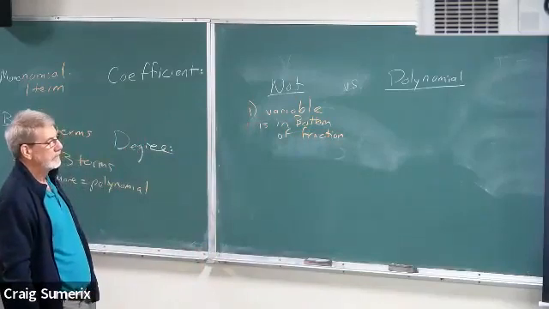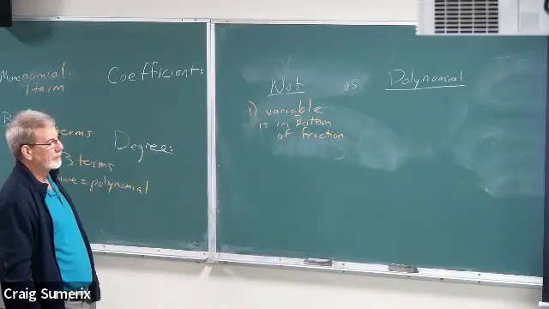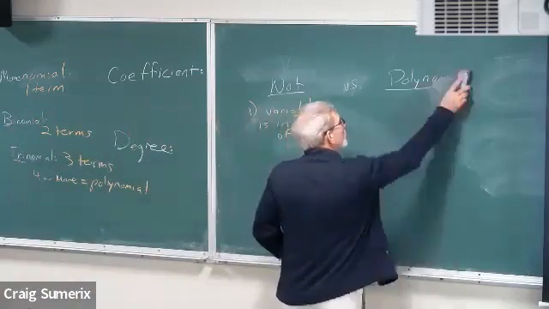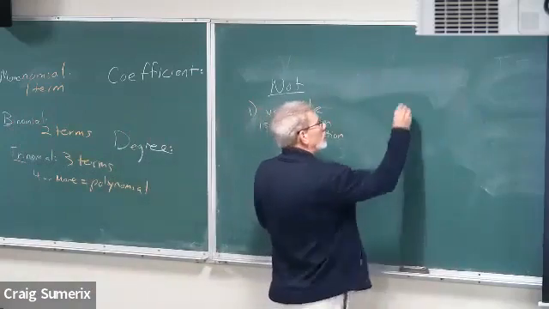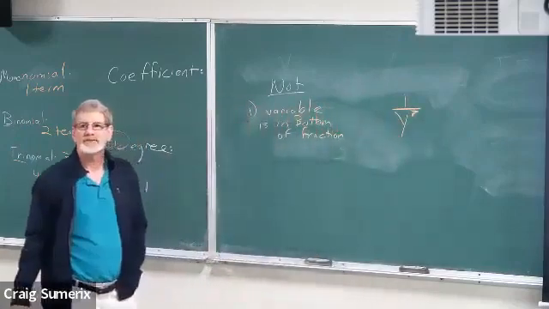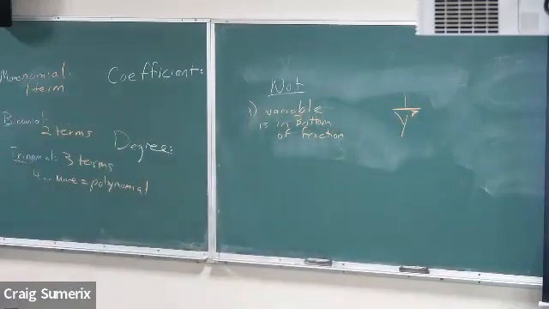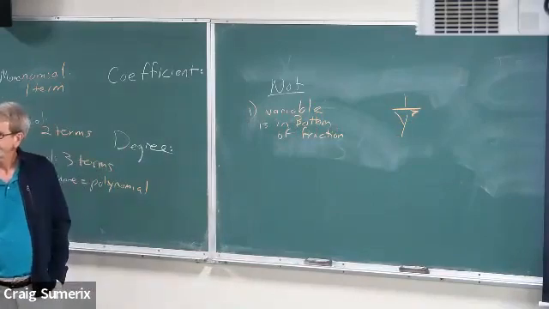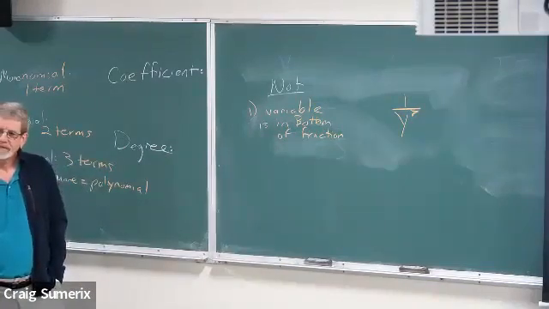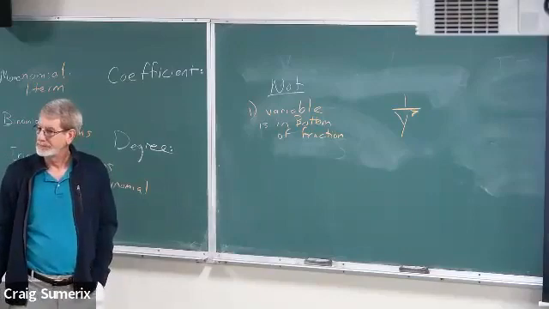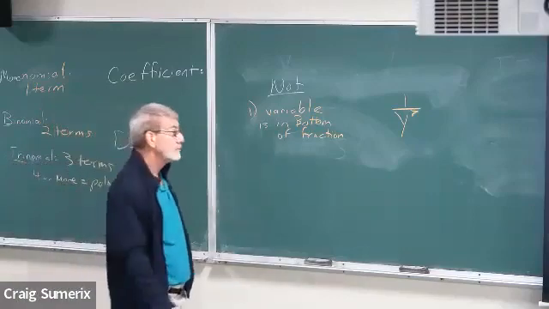Why? Take a look at 34 for a minute. One over y to the 7th. Is there any place that could blow up? Is there any value, if you put it in for y, it would blow up on you?